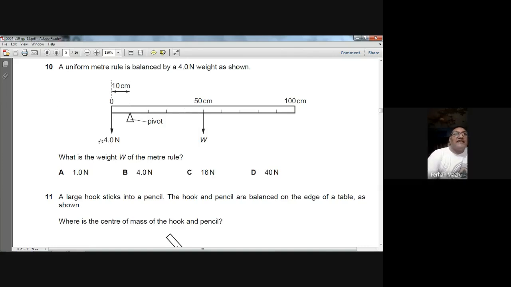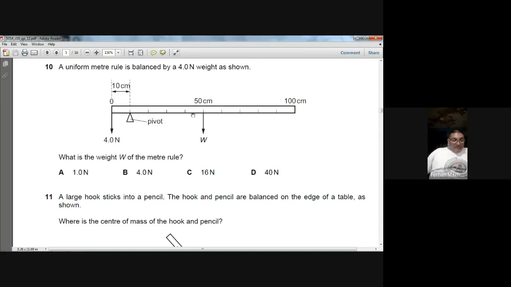So you can say that F1 multiplied by D1 equals F2 multiplied by D2. F1 is 4 Newton and D1 is 10 centimeter. So 4 Newton multiplied by 10 centimeter equals weight, which we don't know and want to calculate, multiplied by the distance between the pivot and the center of gravity, which here is 40 centimeter.